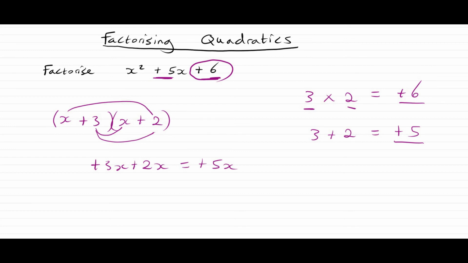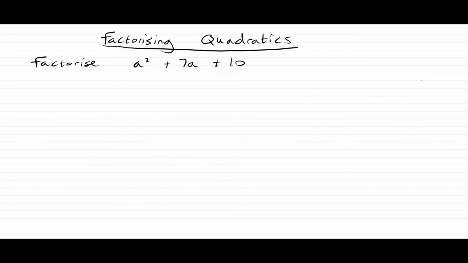If you expand it, and you can expand it if you want as practice, it will give you what you started with. So that's how you know you've done it correctly. So your answer that you'll put in your exam will be x plus 3, x plus 2.